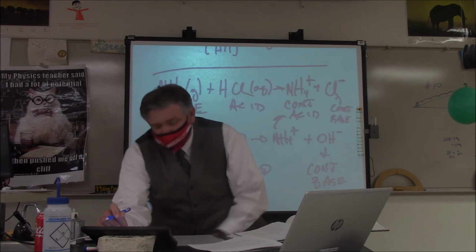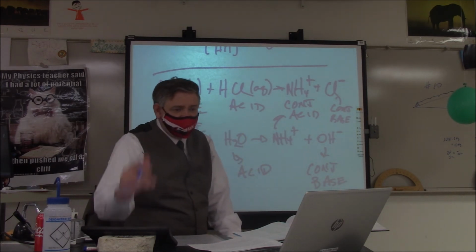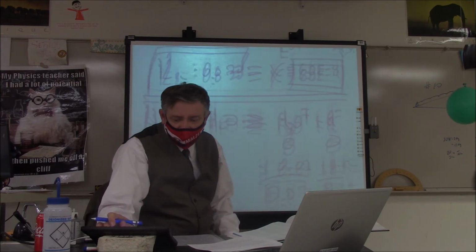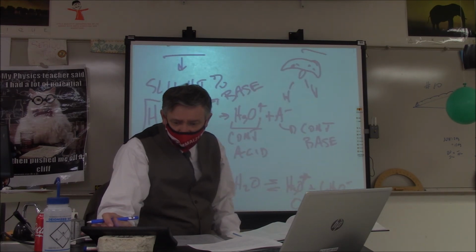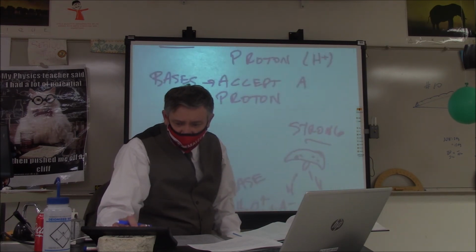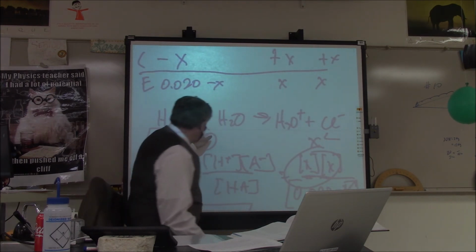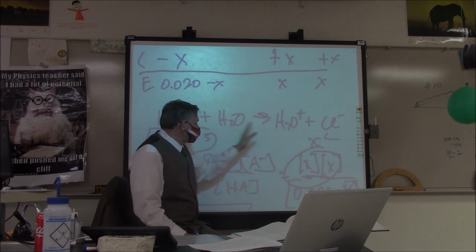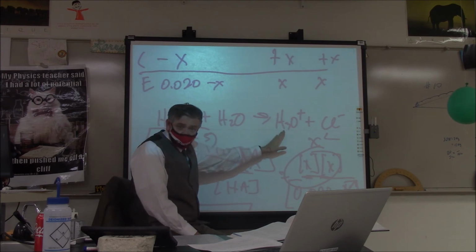So water is said to be what we call amphoteric. I'll get back to this screen in just a second. If you look at hydrochloric acid and water, the water acts as a base because it's accepting that proton.